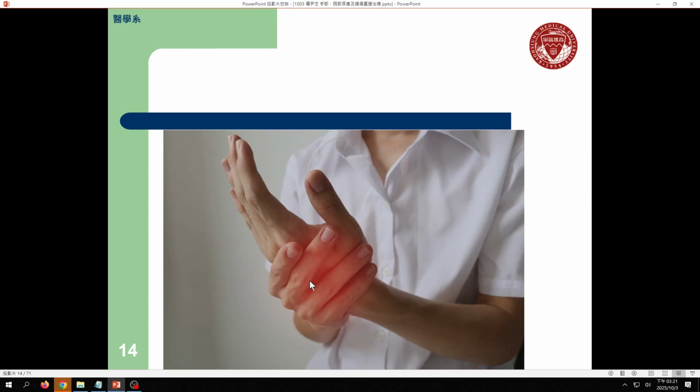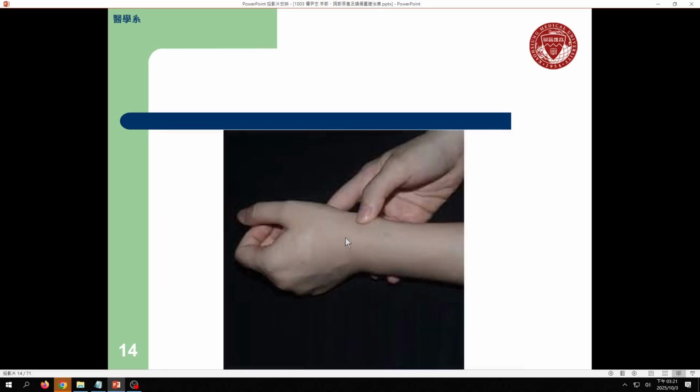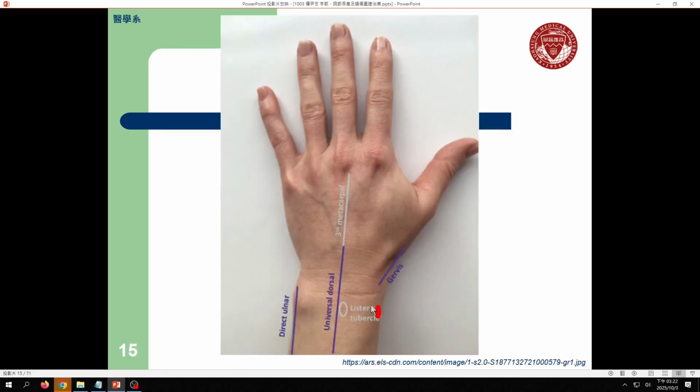Okay, I summarize all. Here, red dot here. That's around the wrist. Here's Lister's tubercle, some bony prominence, just the middle of the radius width. Okay, that's Lister's tubercle, and just parallel to it and along the radial side of it, or pain over here, or pain over here.